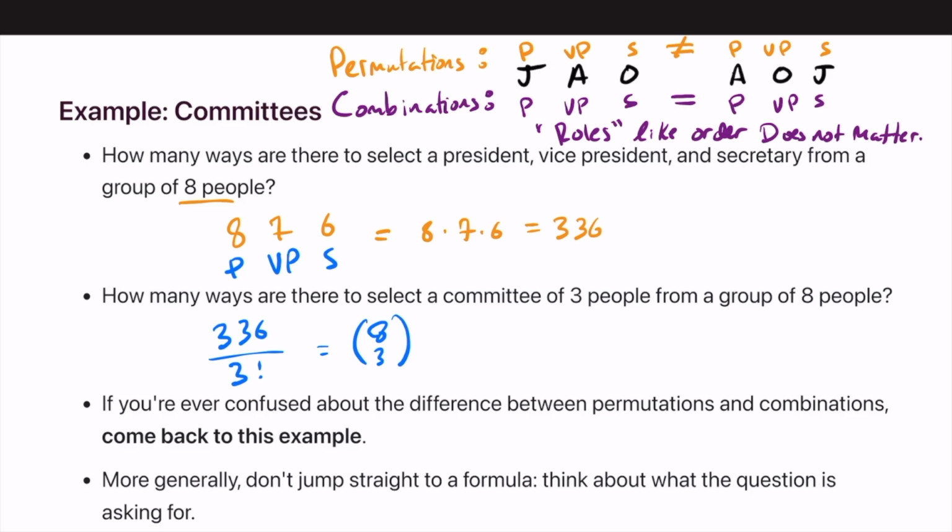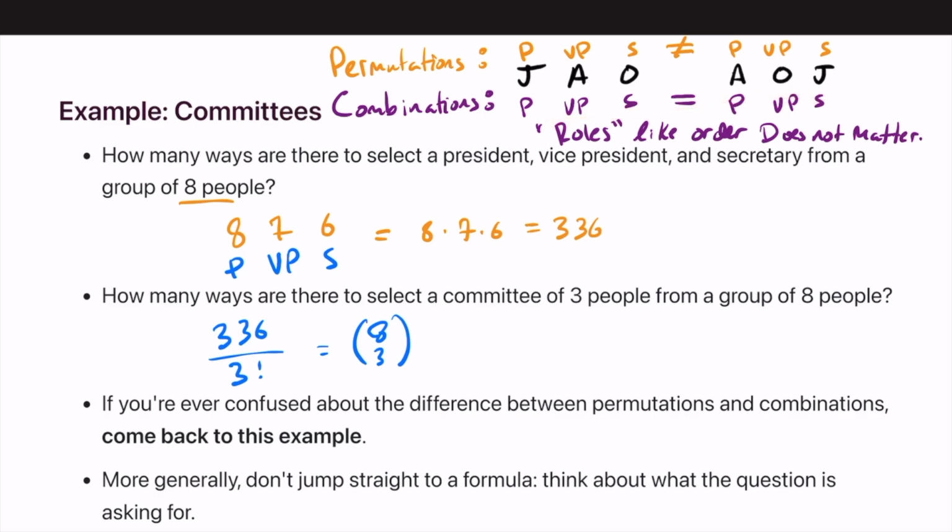In this case, would it matter if somebody's roles were counted or not? Or effectively, can it be the same thing as long as the 3 people chosen are the same? Because in this case, we had 3 people, and those 3 people were chosen again, and they're counted as the same thing because their roles don't matter.